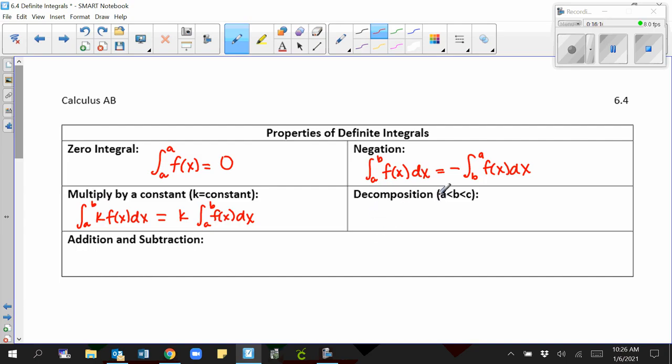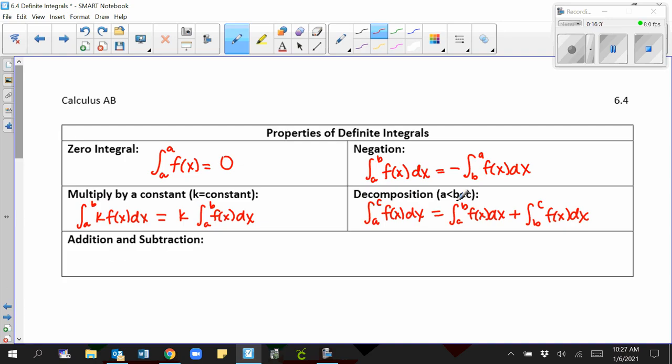So we're assuming that a is less than b, which is less than c. So I'd have the integral from a to c of f of x dx. Well, that's equal to the integral from a to b of f of x dx plus the integral from b to c of f of x dx. So if I'm going from one endpoint to the other, I can split that integral.